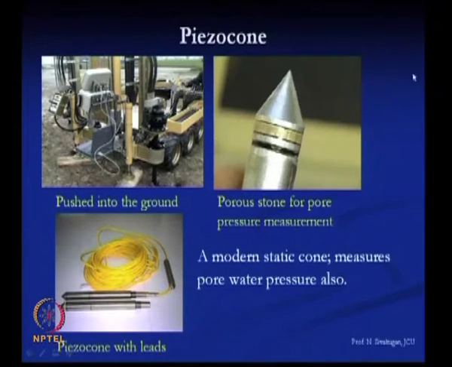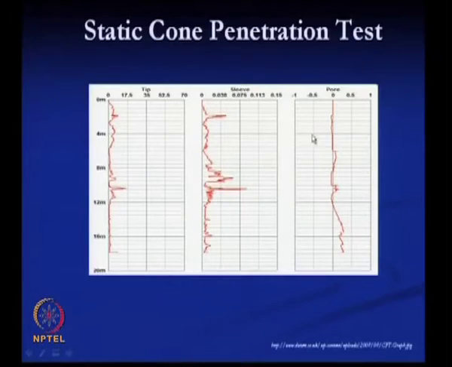These are the different components. This is the porous stone for pore water pressure measurements. So, this is the cone where we can measure the cone resistance, friction resistance as well as the pore water pressure. Once we get this static cone penetration test, these are the different readings: this is the tip resistance, this is the friction resistance or the sleeve resistance, and this is the pore water pressure.